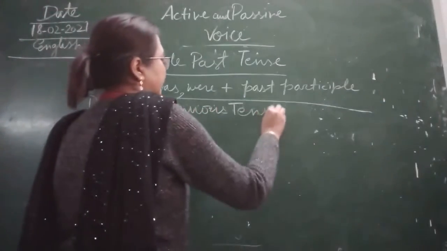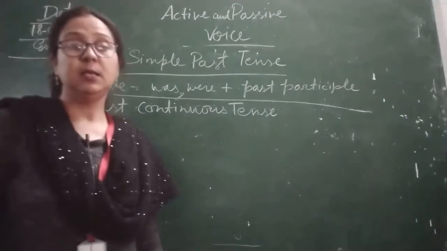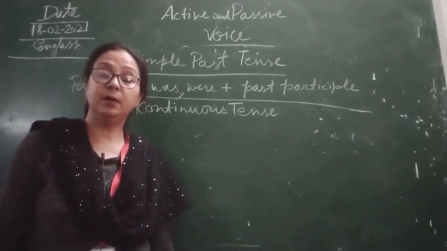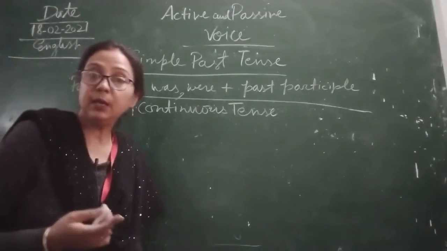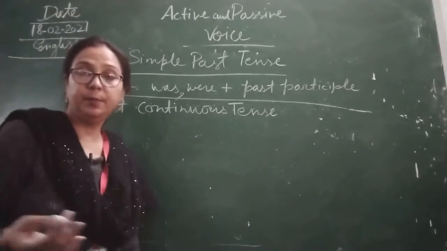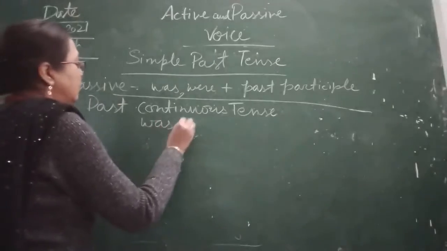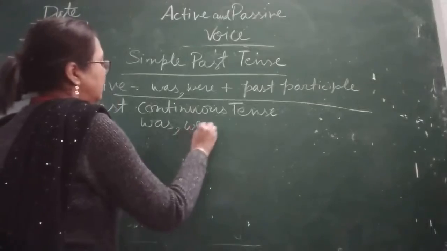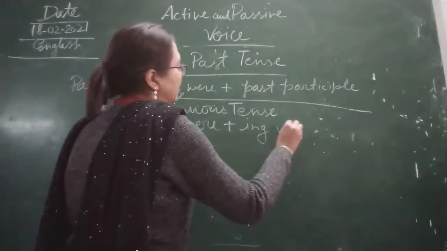As we all know, we have already done tenses, and in this topic, when we are making an active voice sentence in past continuous tense, we are using was and were plus ing in the verb.